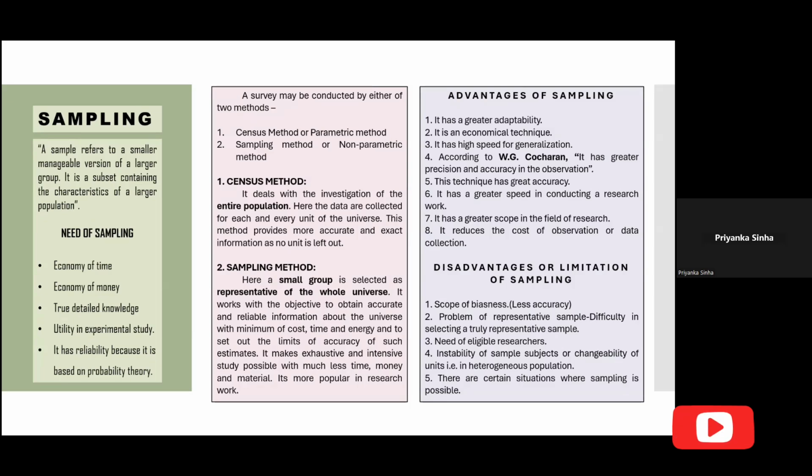The advantages of sampling are that it has great adaptability, it is an economical technique, it has great scope in the field of research, and it reduces the cost of observation or data collection.